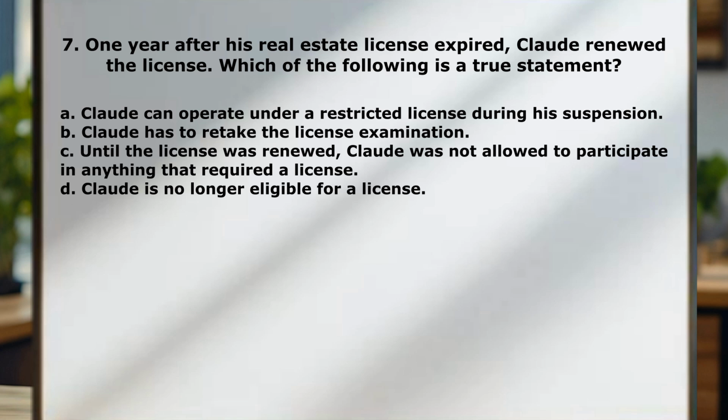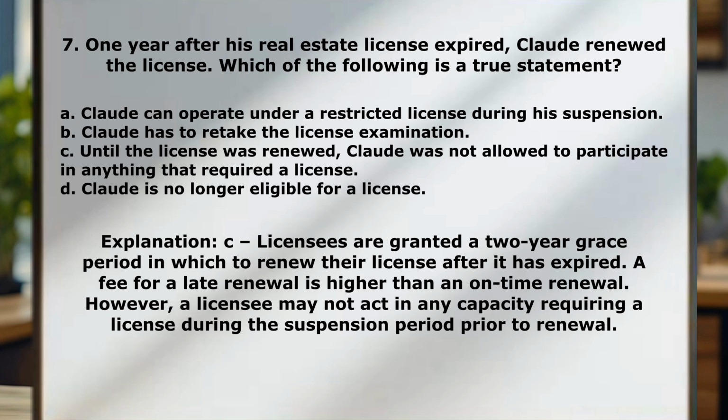D. Claude is no longer eligible for a license. Okay, so let's just go over this. If your license is expired, that means you don't have an active license. So you are not allowed to participate in anything that requires a license. The answer is C.